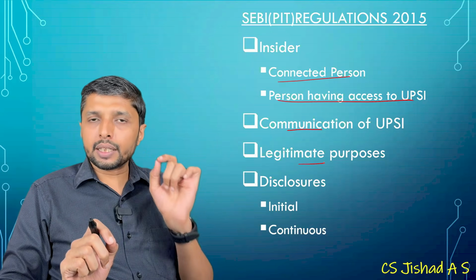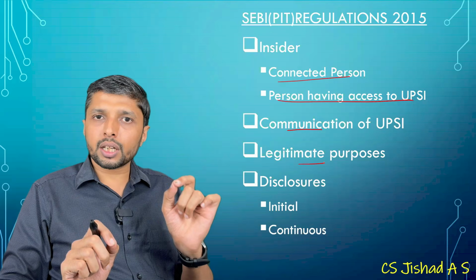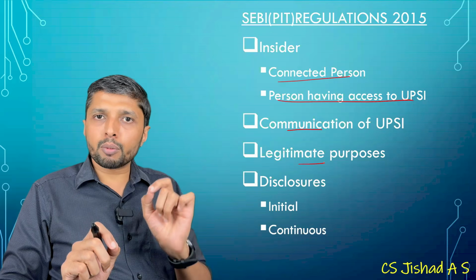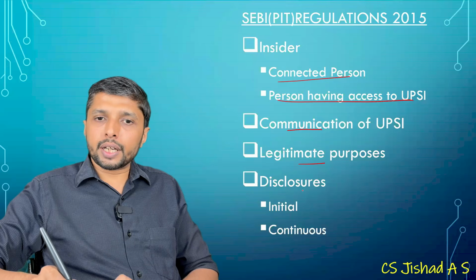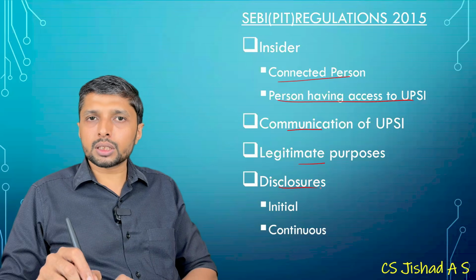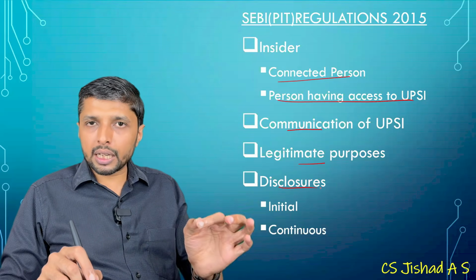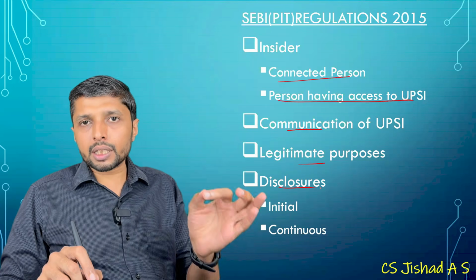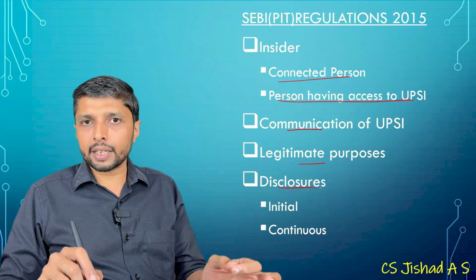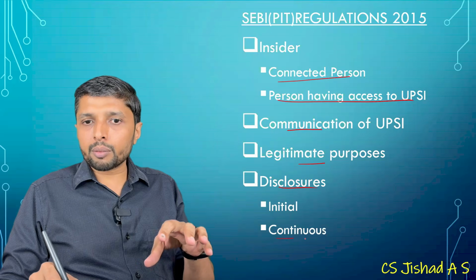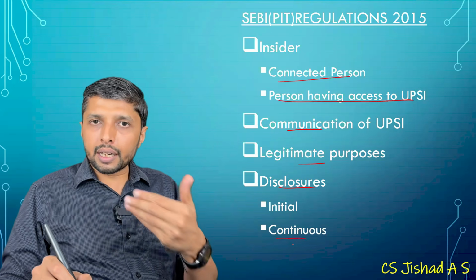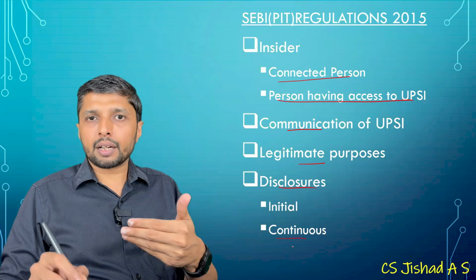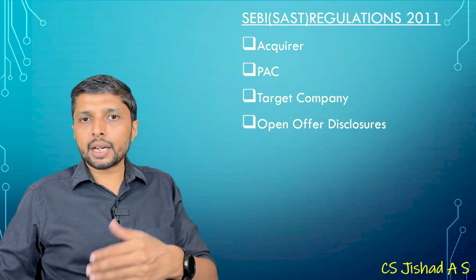The details will be recorded in a structured digital database, which will be preserved for a period of 8 financial years. Then we have disclosures. Initial disclosure will have to be completed within 7 days of joining as insider. And continuous disclosure means if your trading in a calendar quarter exceeds rupees 10 lakh, it will have to be made within 2 calendar days.